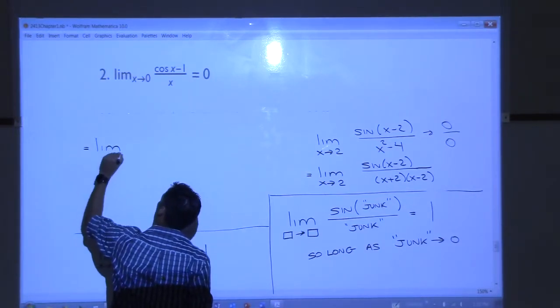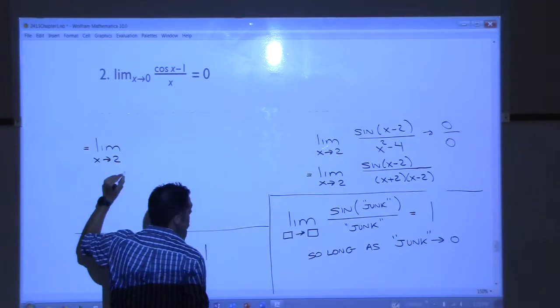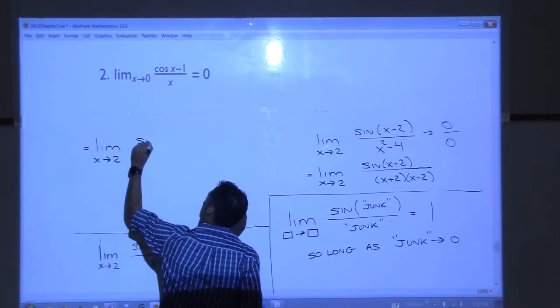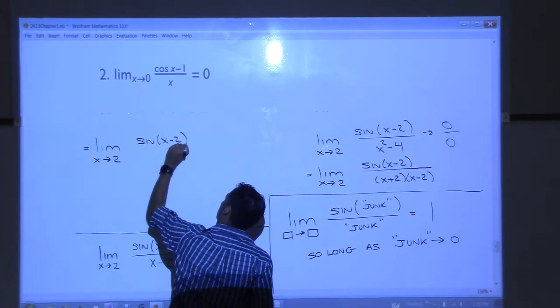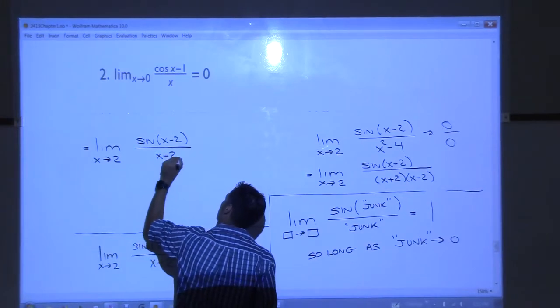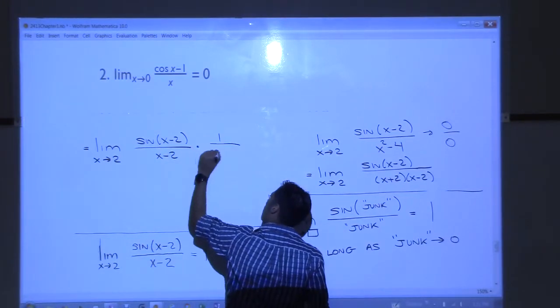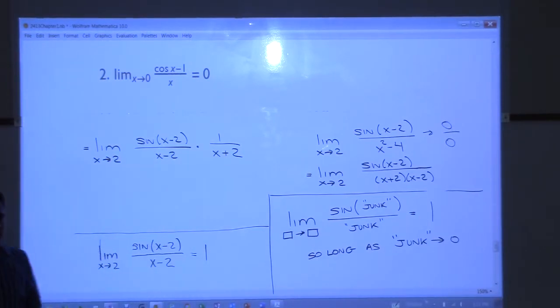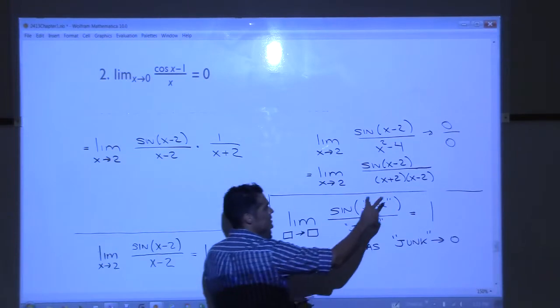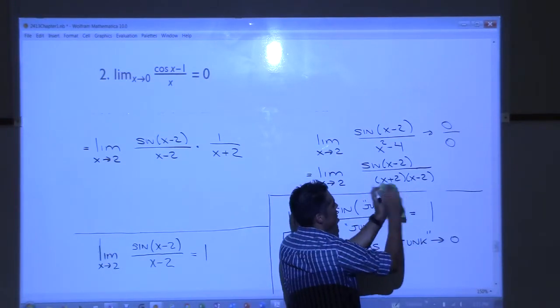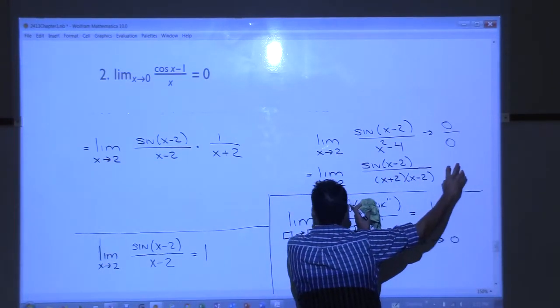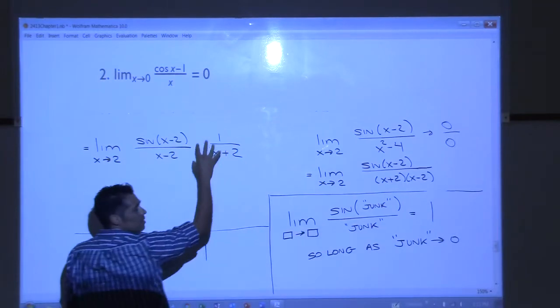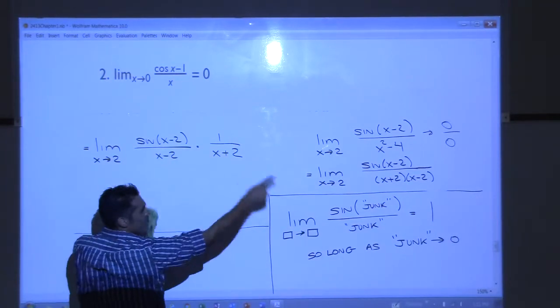Limit x approaches 2. I'm going to write sine of x minus 2 over x minus 2 times 1 over x plus 2. All right, so is that the same thing? All I've done is I've taken this product down here and I've rearranged it, but I just slid the x plus 2 to the outside as its own little fraction. Do you all see that? So if you put these back together, you get that.